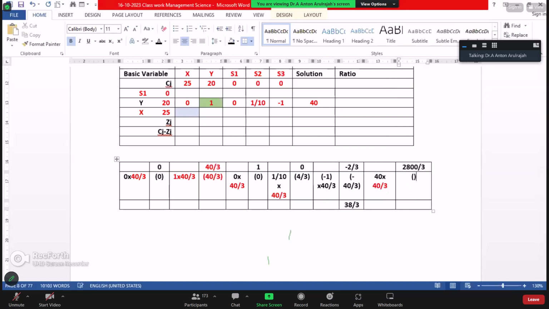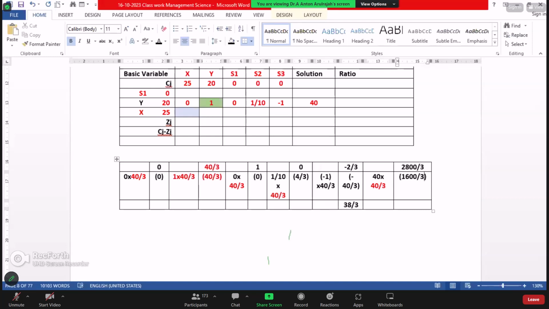That is about 1600 by 3. So 2800 by 3 minus this one is 200. This is 400. This is 38.